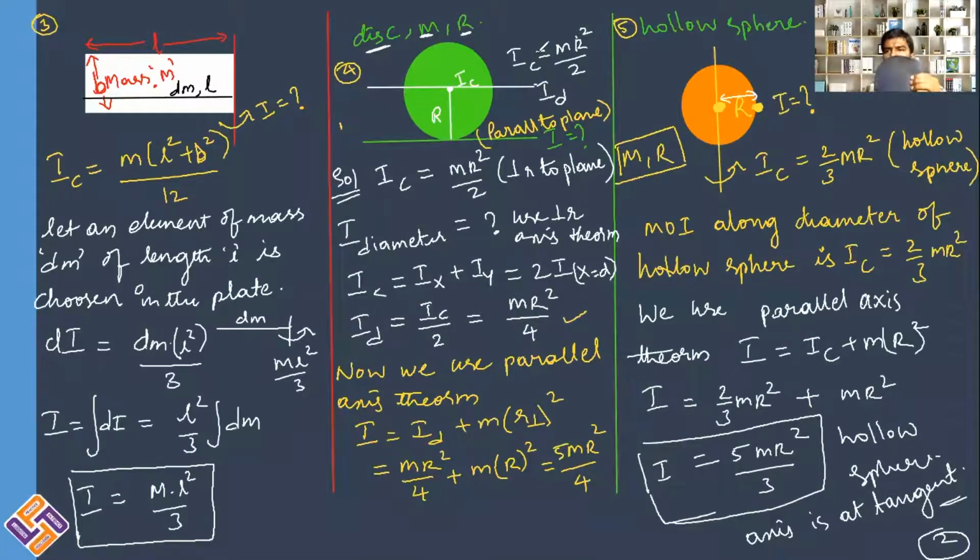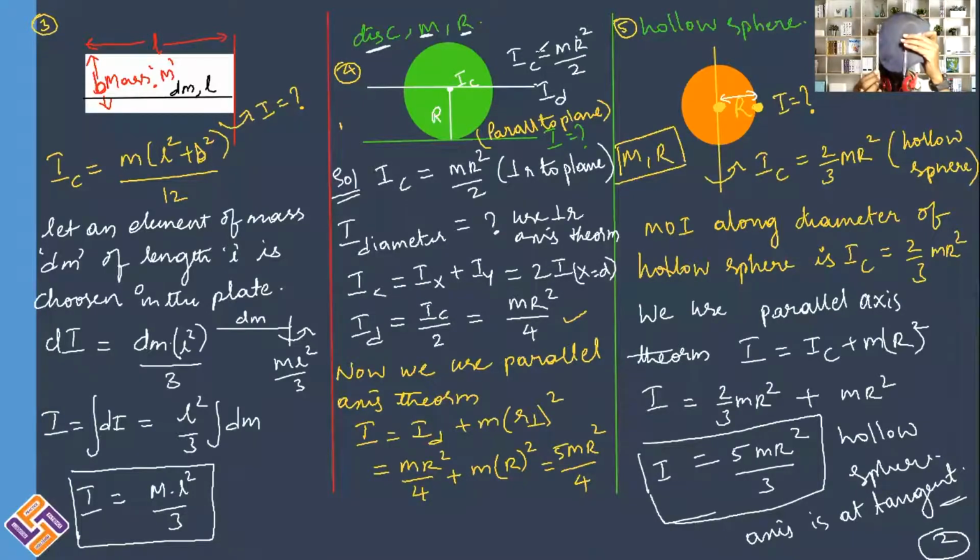We are now supposed to calculate moment of inertia with respect to this axis, which is the axis you want to find out. But in order to find it, we should first know moment of inertia with respect to this other axis, because these two become parallel to each other.